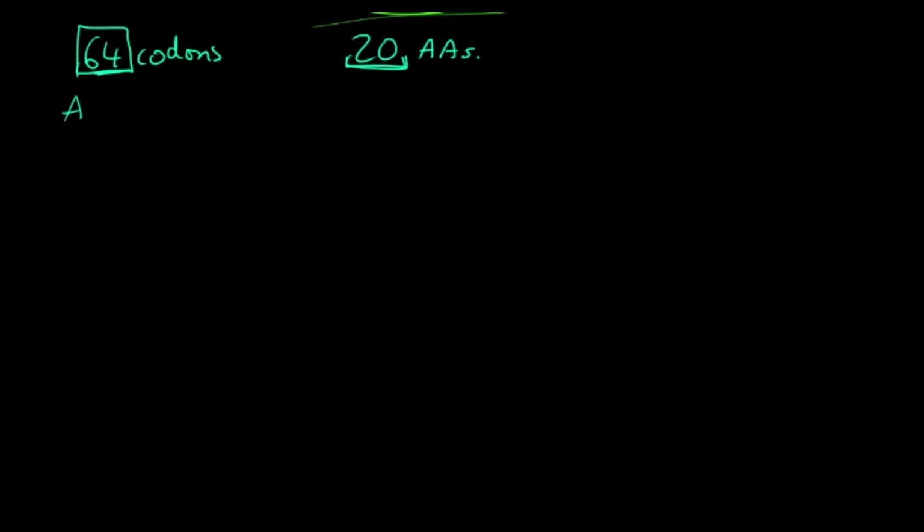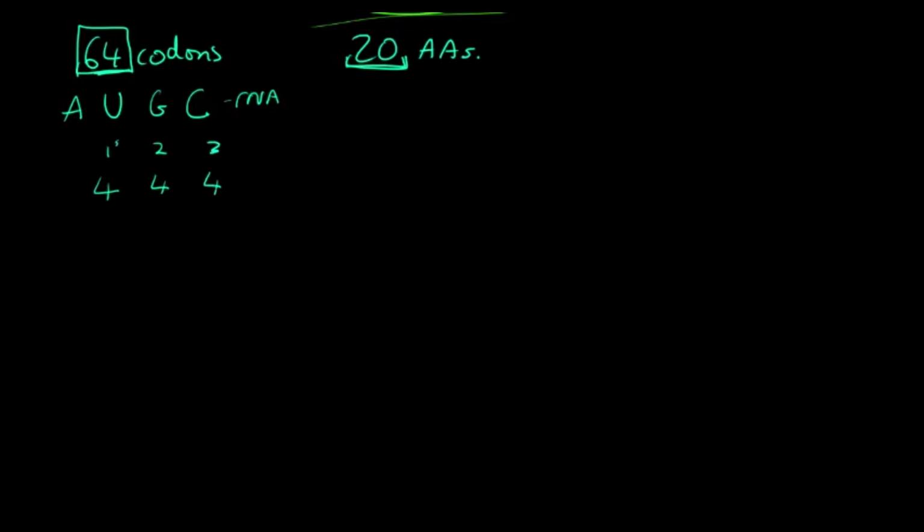Well, we have the nitrogenous bases adenine, uracil, guanine, and cytosine. That's it for RNA, and DNA would have a T instead of a U, but we've got these 4 options, and they're grouped into groups of 3. So there are 4 possible options for the first base, another 4 options for the second, and another 4 options for the third.